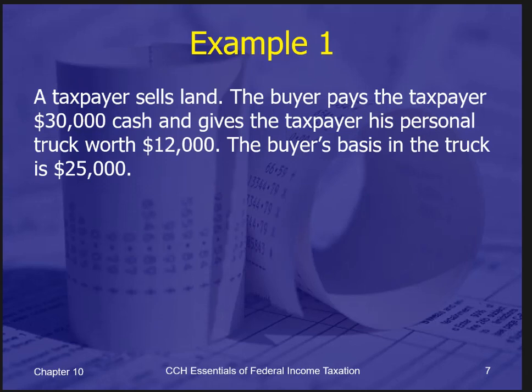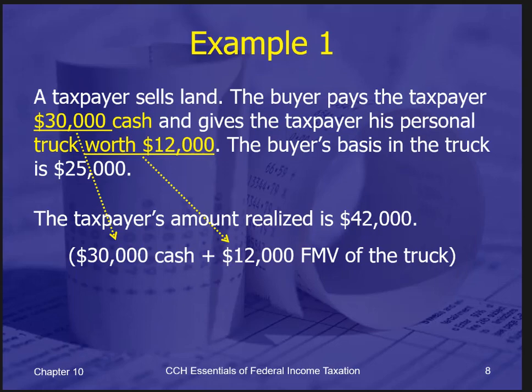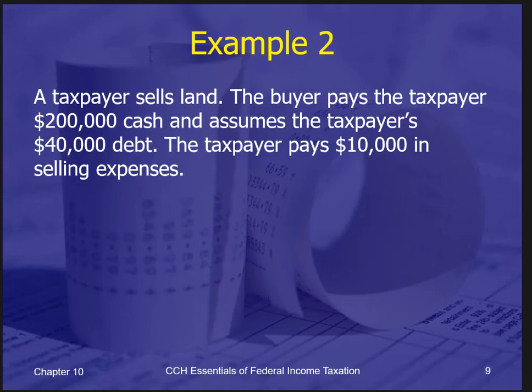Buyer pays us $30,000 and gives us a truck. So the question is, what's the truck worth? It says $12,000, and we'd have to have a reasonable way of coming up with that. The basis in the truck's $25,000. He paid $25,000. That doesn't really matter. What we're worried about is the amount realized, and that is the cash plus the fair market value of the truck.